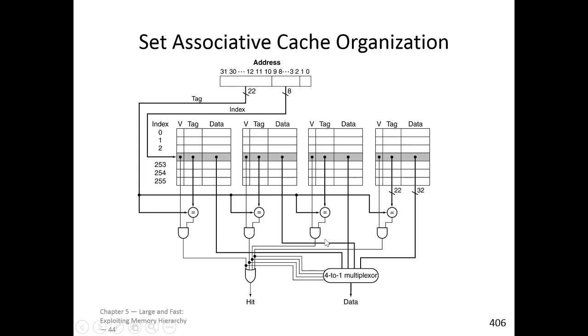Here's the picture that I've been wanting to get to. This is what it looks like if you have a set associative cache. Instead of just this first one directly indexed, you have them all running next to each other, and the logic is built in parallel. When you search an index, you can see the logic here, they're all ANDed and then ORed to find out if it's a hit, and then the data is brought down at the same time.